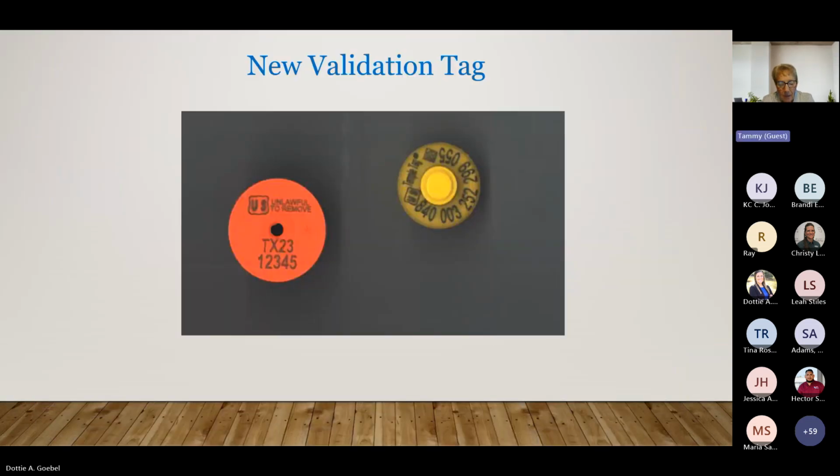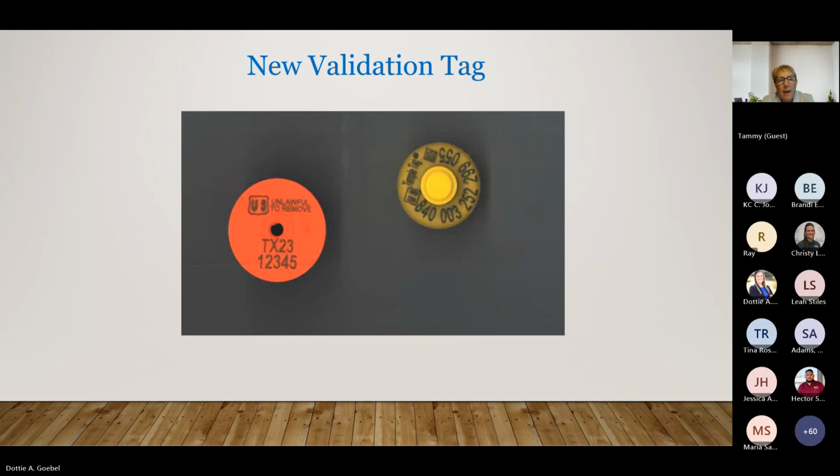Last year, like all the other species, we went to the 840 premise ID tags. All of our tags this year will still have the TX in the year. It's going to have the United States shield, and tell you that it is unlawful to remove that tag.